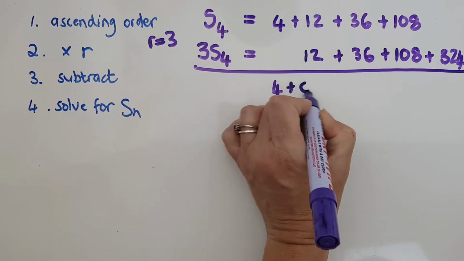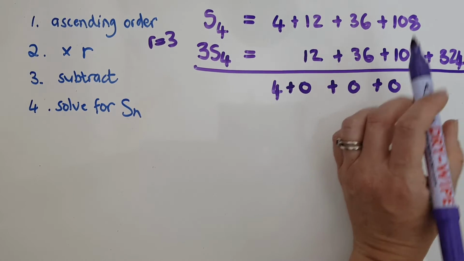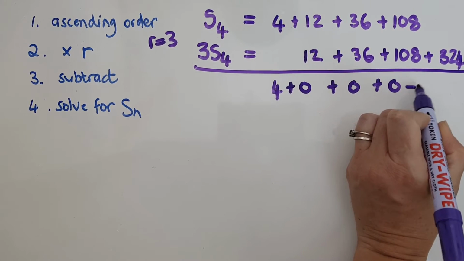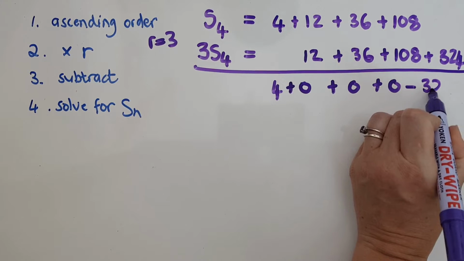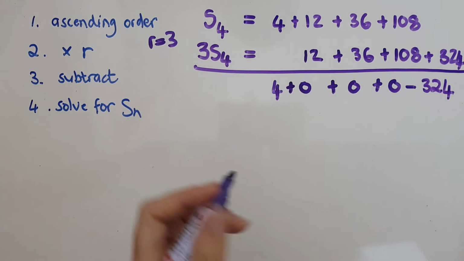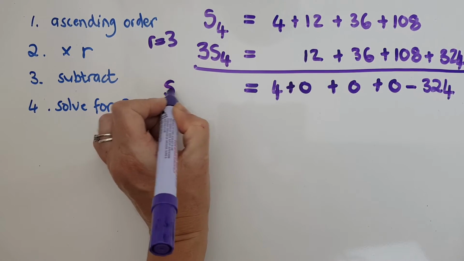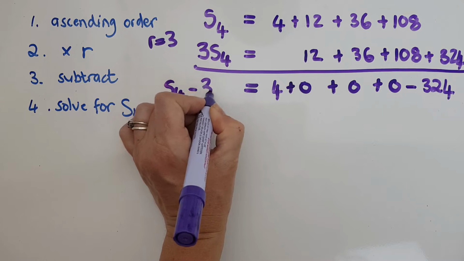So that's 0, that's 0, that's 0. 0 minus 324 is going to be negative 324. Okay, so on this side, what I did was I took S4 and I subtracted 3 S4s.